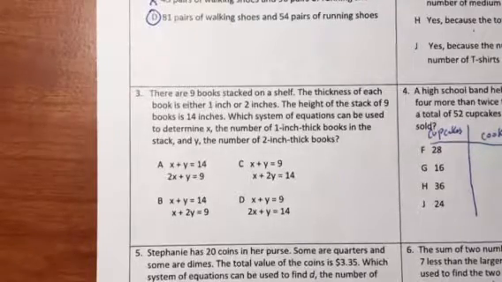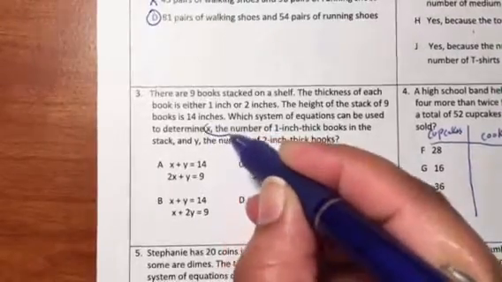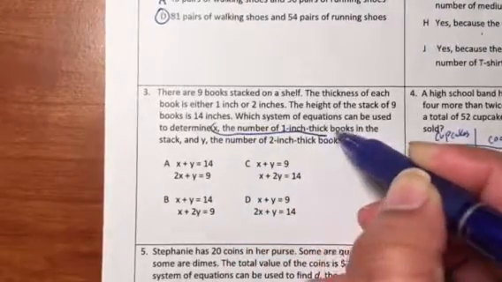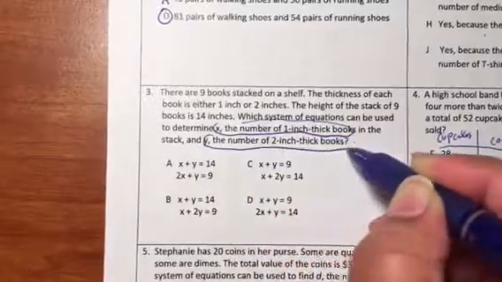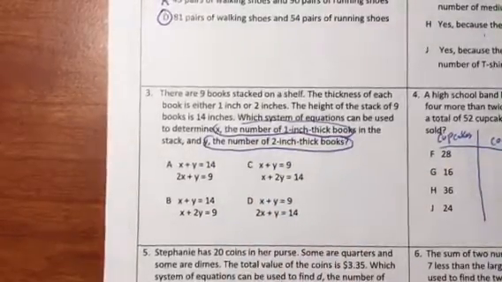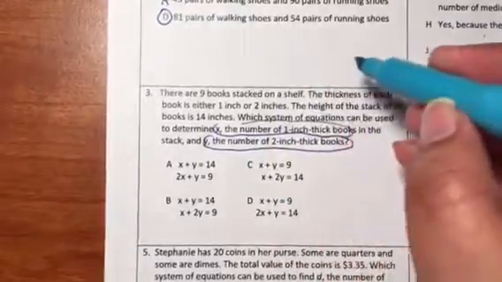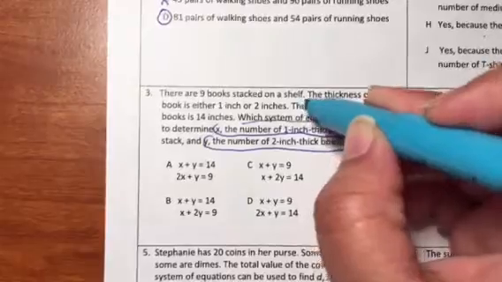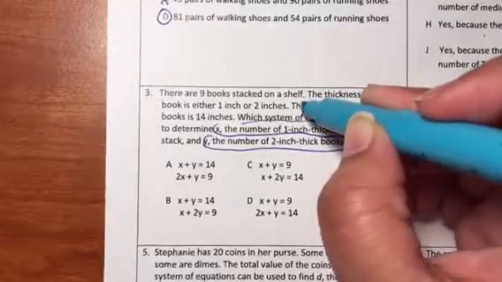Okay, so here's what I know. I know that X stands for the number of 1 inch books, and Y stands for the number of 2 inch books. So kind of like what we did before, this isn't one where you can necessarily use your answer choices.